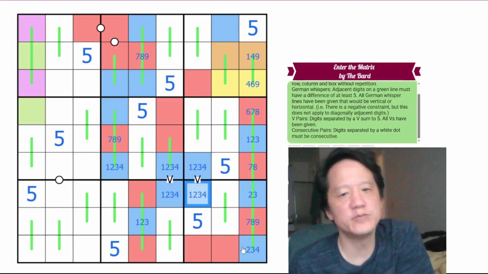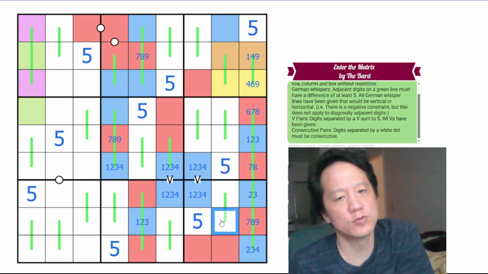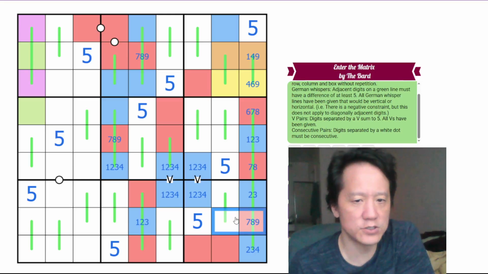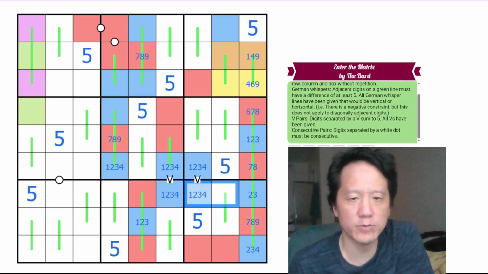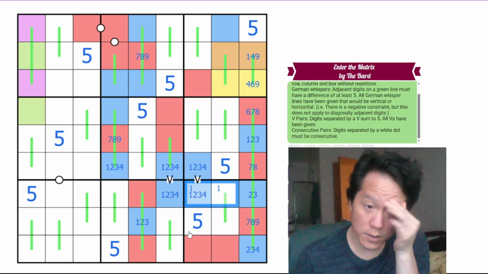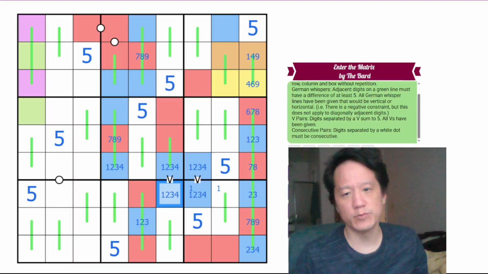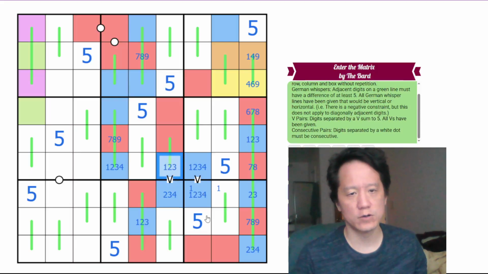So 1 has to be either here or one of these two digits. If this were 1, that would fail, because these two would have to have a German whisper line connecting them. So 1 can only be one of these two digits here. Which means this can never be 1. This can never be 4.